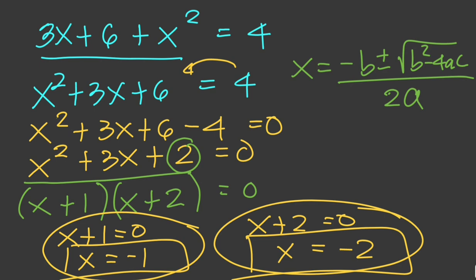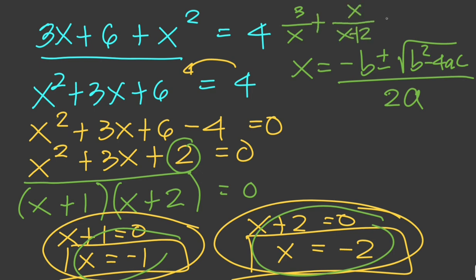If the value on the left is equal to the value on the right, then that value of x is a solution to the equation. So we plug in negative 1 and negative 2 to the original equation, which is 3 over x plus x over x plus 2 equals 4 over x squared plus 2x.